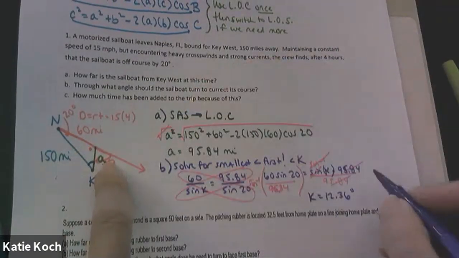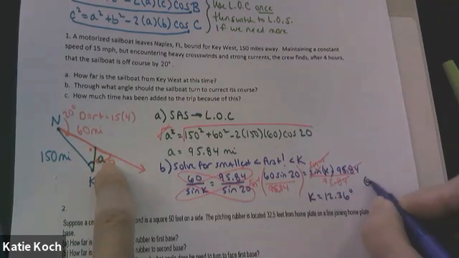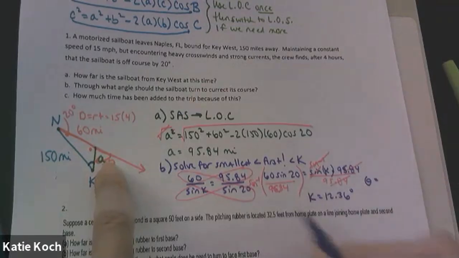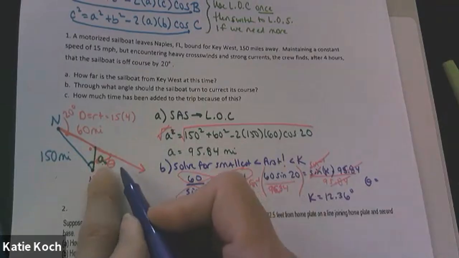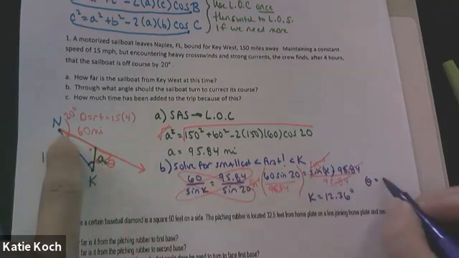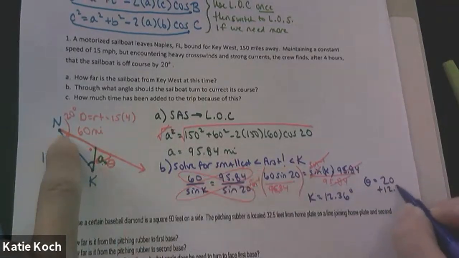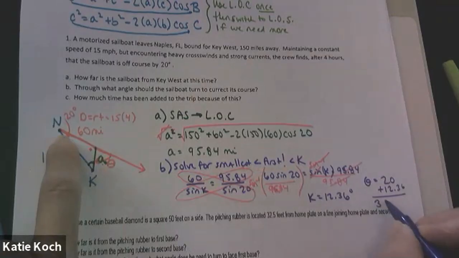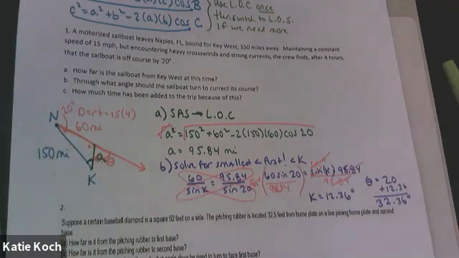So it always is true that this theta is going to be the same as my 12.36 plus that 20. So my final answer is 32.36 degrees.